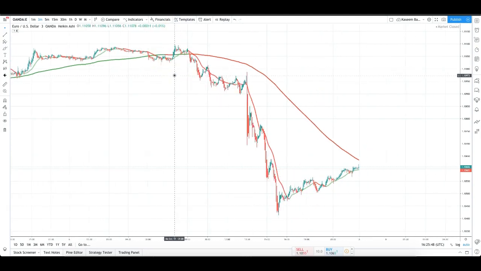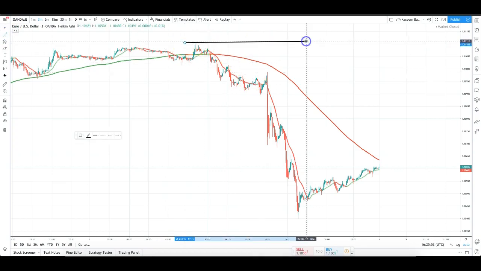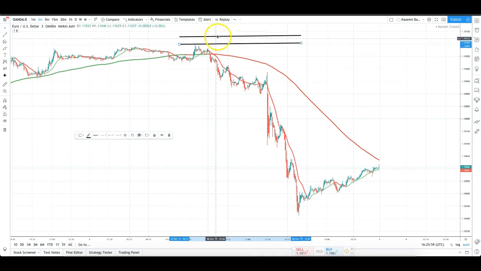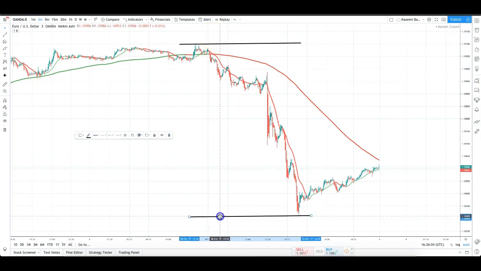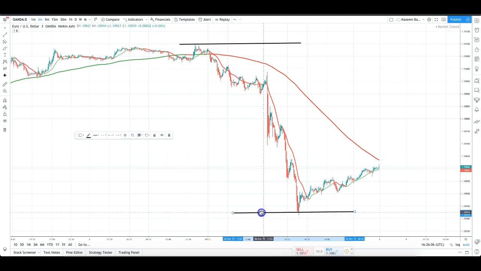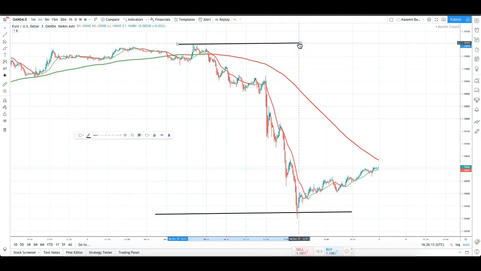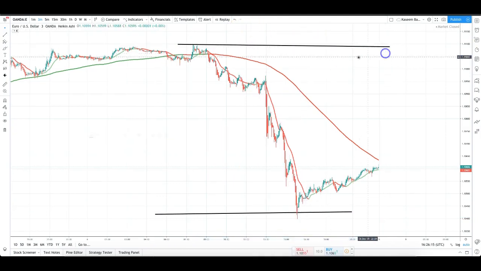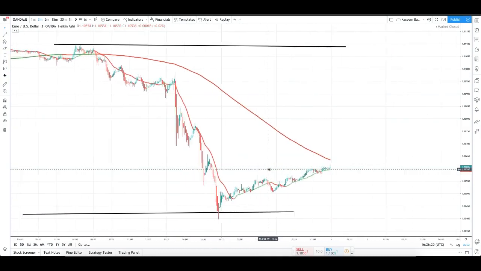But if you're trading Forex, this is a great tool to use as well, because you're looking at bigger support and resistance lines, right? So you can have a clear picture of what is going on in the Forex market, right? And it gives you a great idea of what's actually going on in the market.